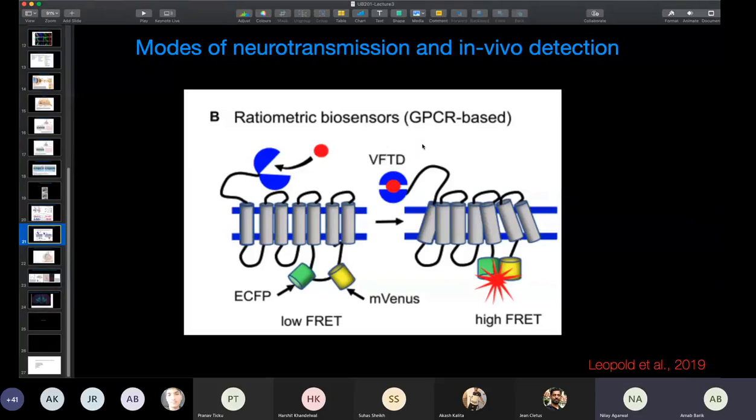So there is basically a binding site for this ligand, and that's where it binds. It's something to do with that. Sorry, I haven't checked. So you can just Google that. It's a review, the Leopold et al.